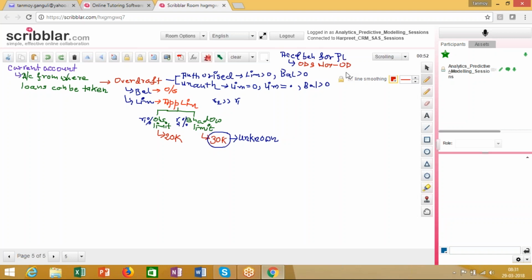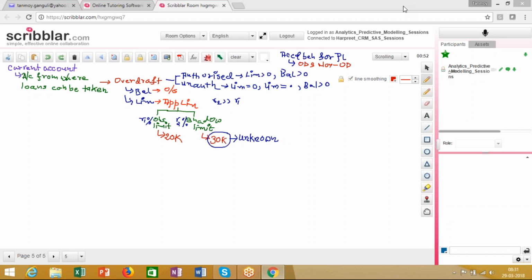So how do OD, non-OD and personal loan correlate with each other? How does the existence of overdraft and non-overdraft facilities impact the chances of being a good or a bad borrower for personal loans or for other loan portfolios, right?